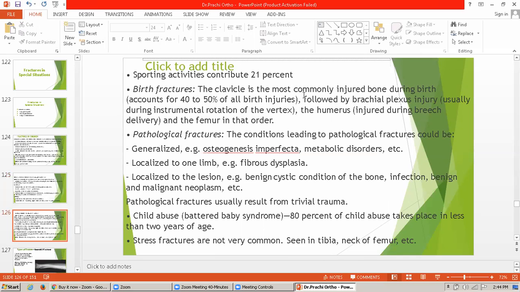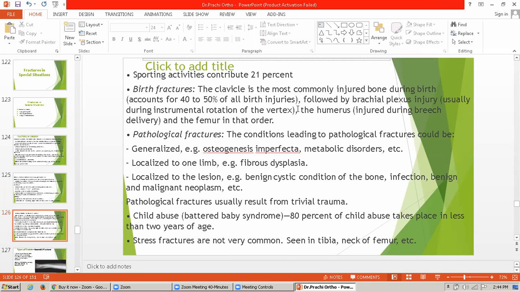Sporting activities contribute 21%. In birth fractures, the clavicle is the most commonly injured bone during birth, accounting for 40 to 50% of all birth injuries.